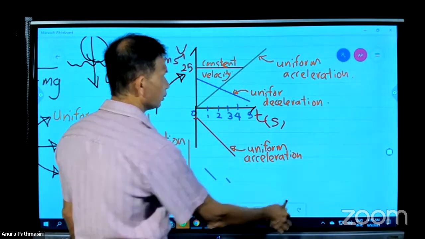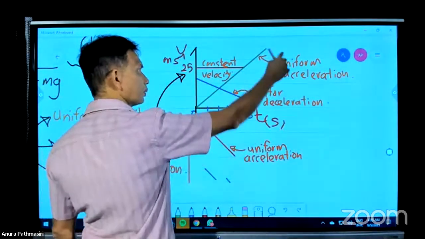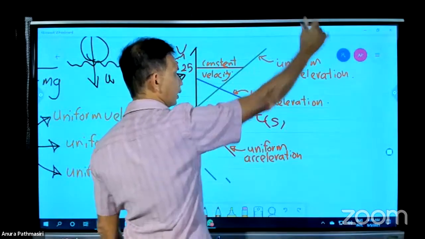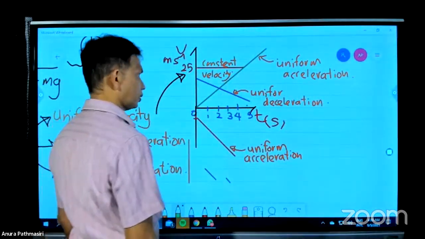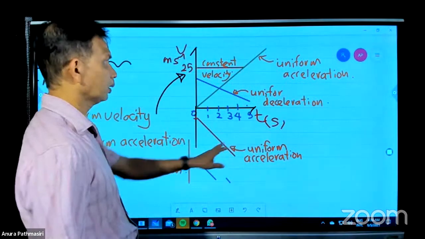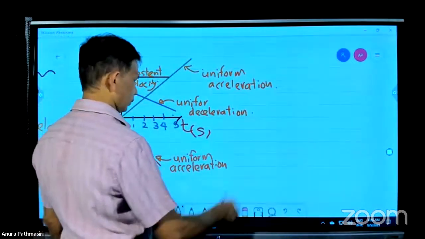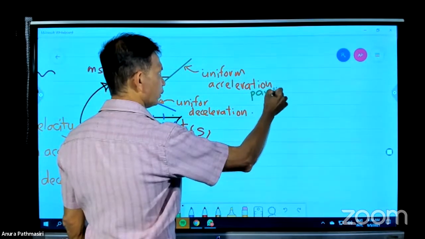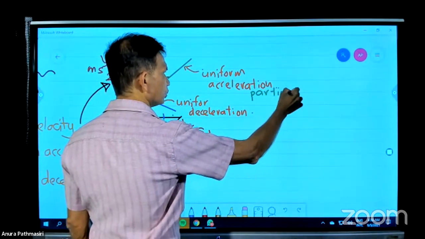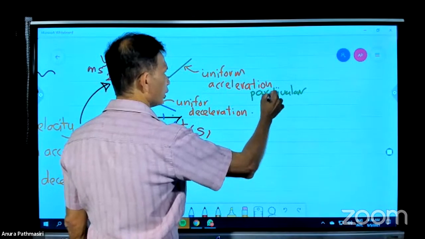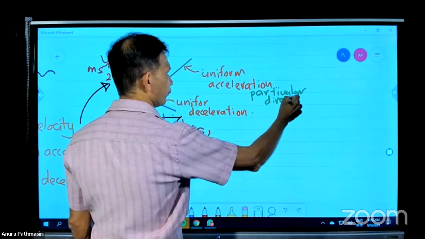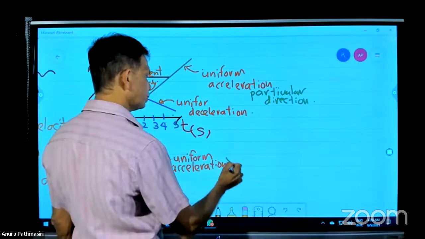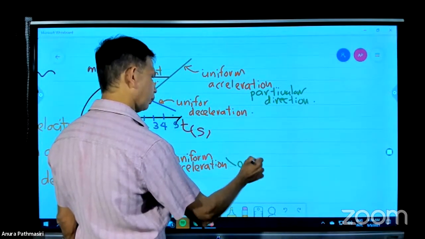Uniform acceleration, but the difference between this one and this one is that this is to the particular direction, and this is to the opposite direction.